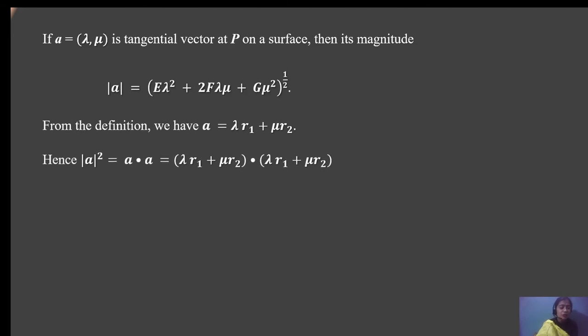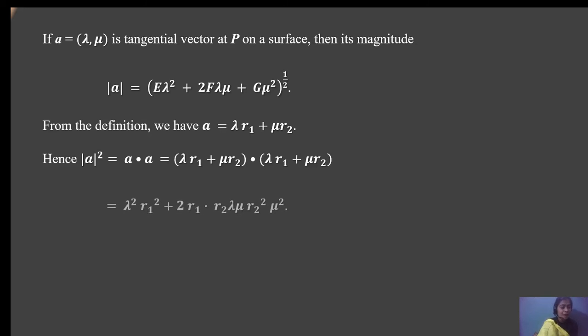Then mod of A square equals A dot A, which equals lambda r1 plus mu r2 dot lambda r1 plus mu r2. This property was explained previously.